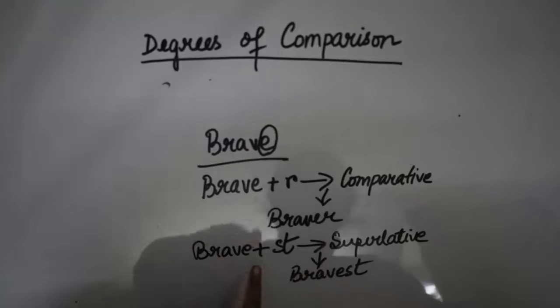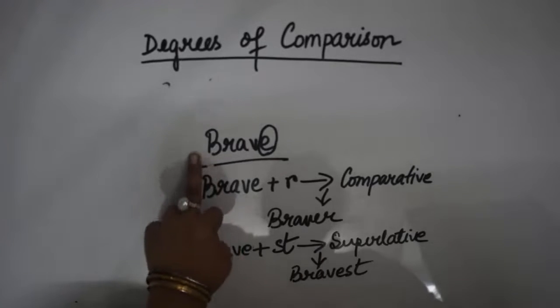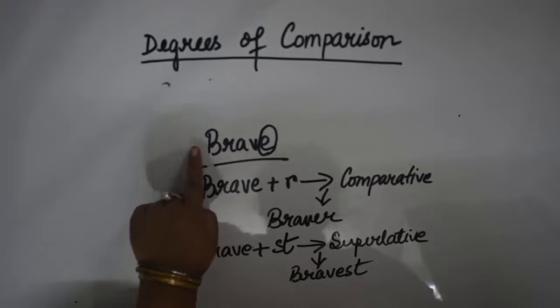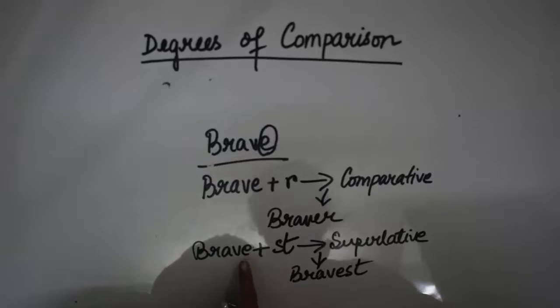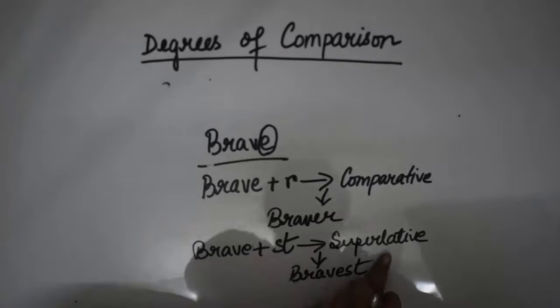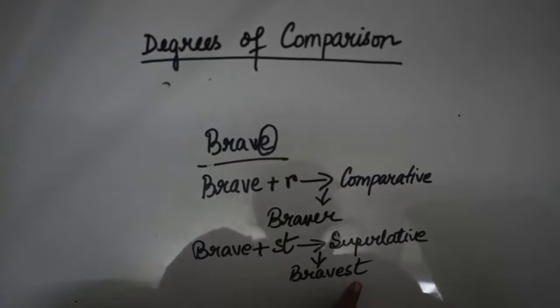And if you need to form the superlative of the word brave, see, the word brave is ending in E, so you simply have to add st to the word brave to form the superlative. See, and it becomes bravest.